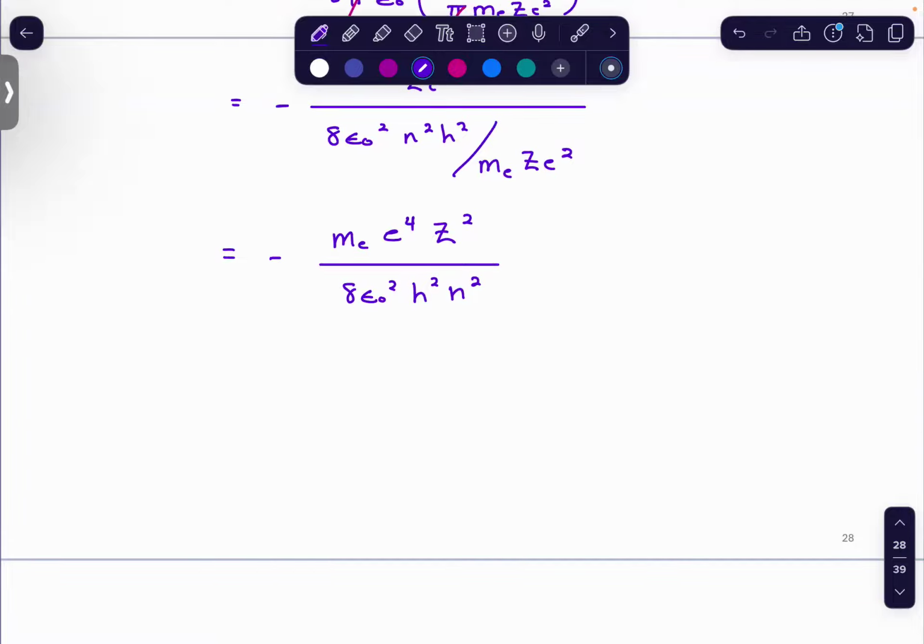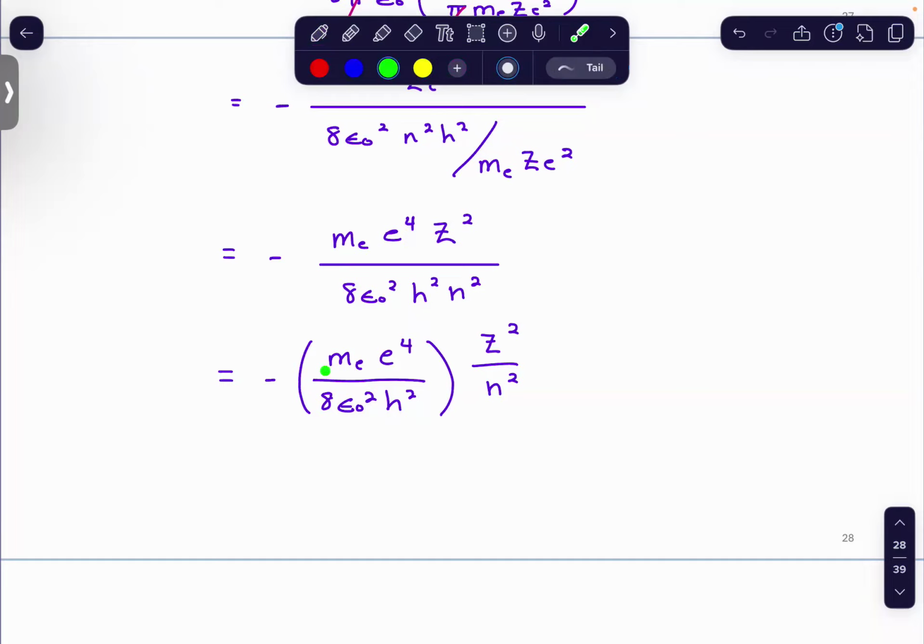So we're just going to pull this apart. We're going to get a negative mass of an electron, e to the fourth over 8 epsilon 0 squared h squared times z squared over n squared.